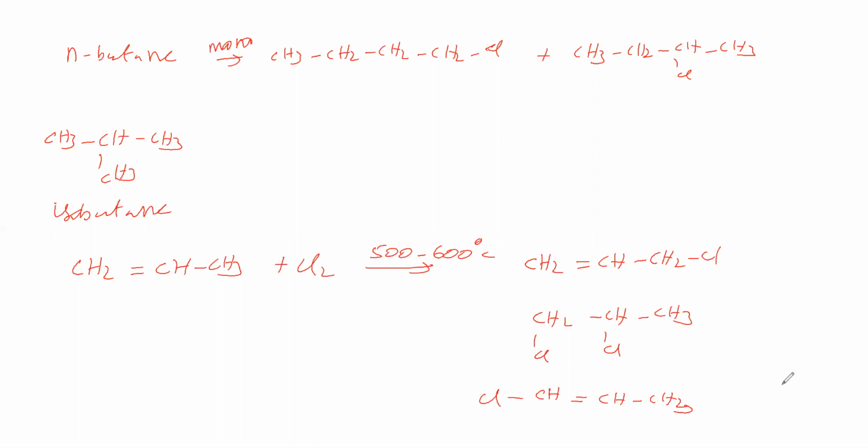Now, what is the mechanism involved here? That we'll see. Here, the contents are heated. Therefore, first chlorine undergoes dissociation. Due to dissociation, this chlorine gives a free radical.